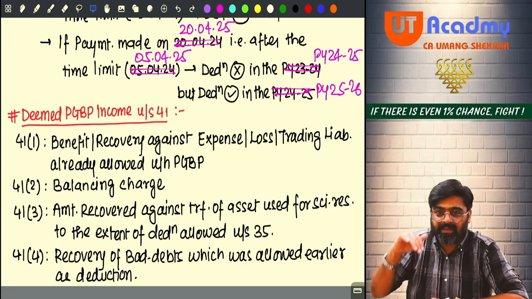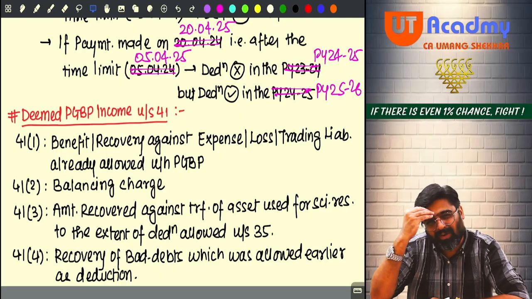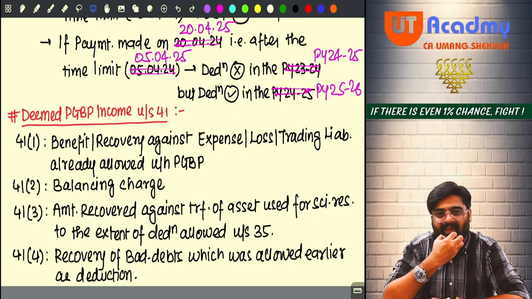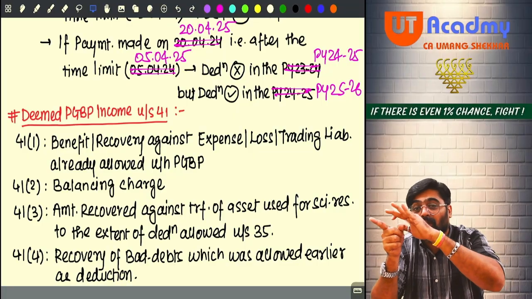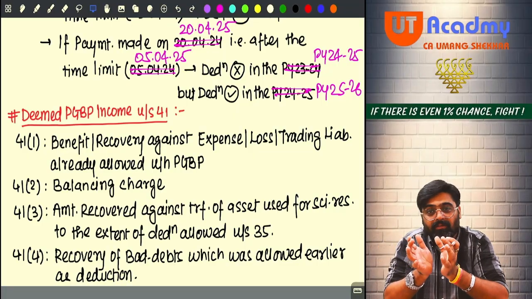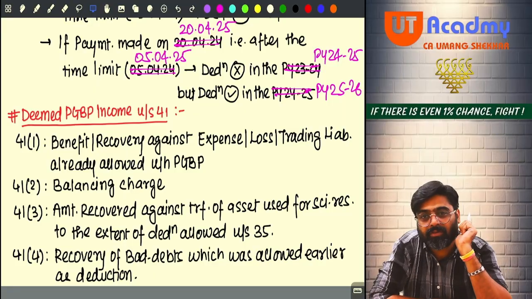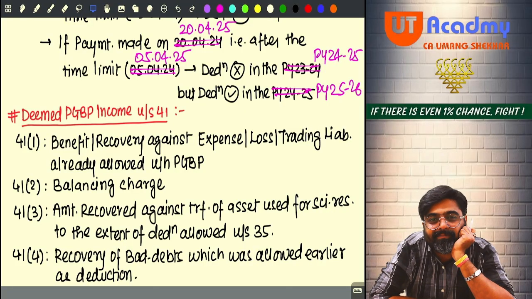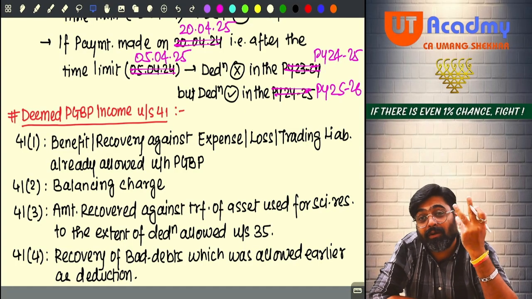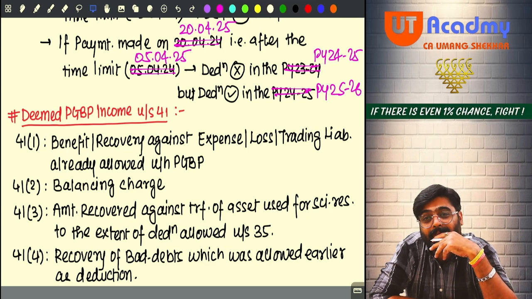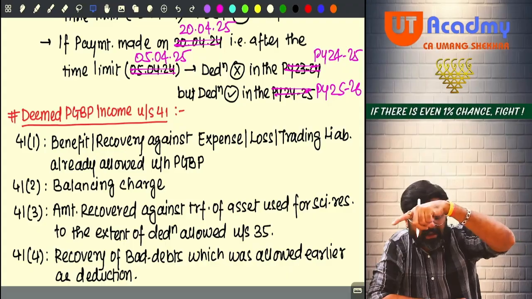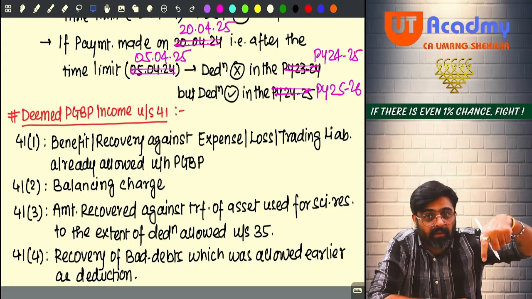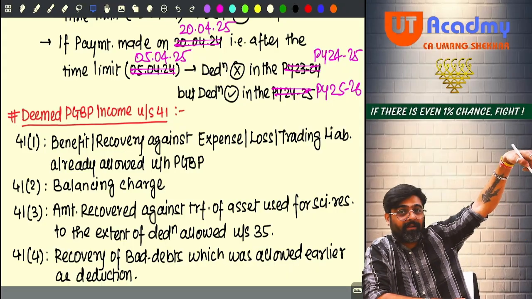Under which section, which expense you are claiming, you are going to understand very easily. But take that section which allows you the deduction for an expense on which TDS was supposed to be deducted, and you did not deduct the TDS. For that expense you have made the payment to a non-resident.